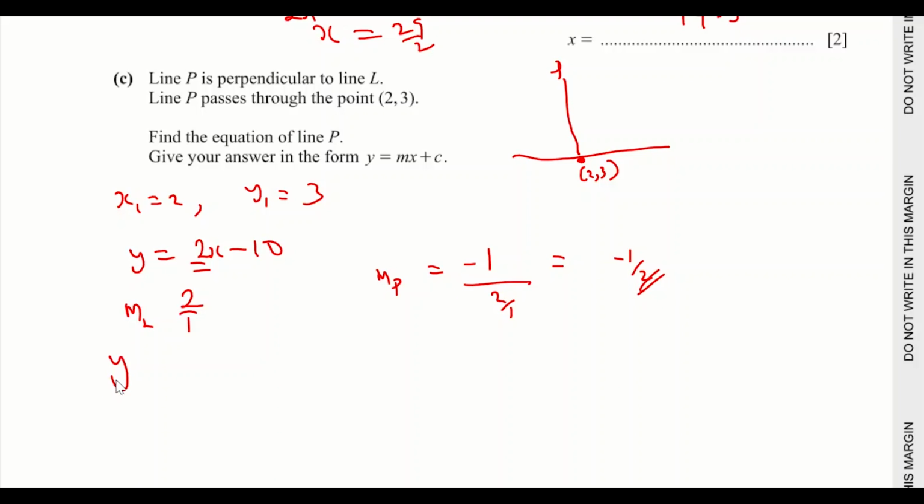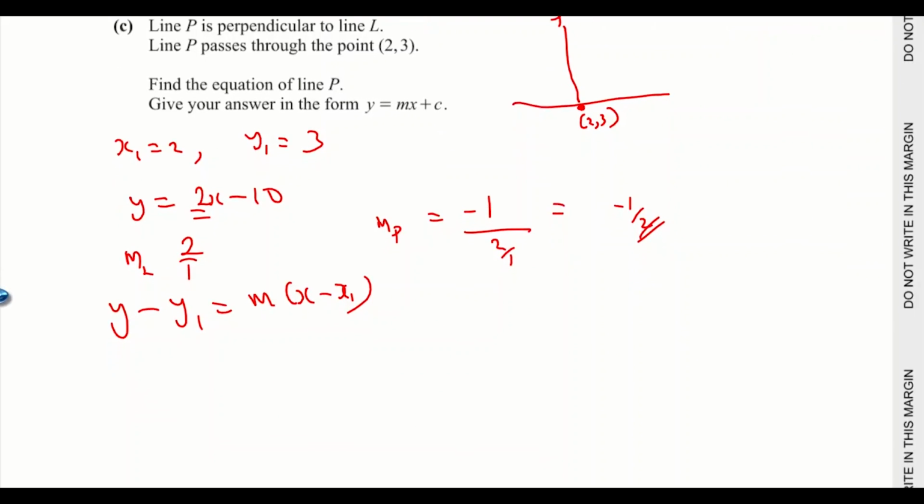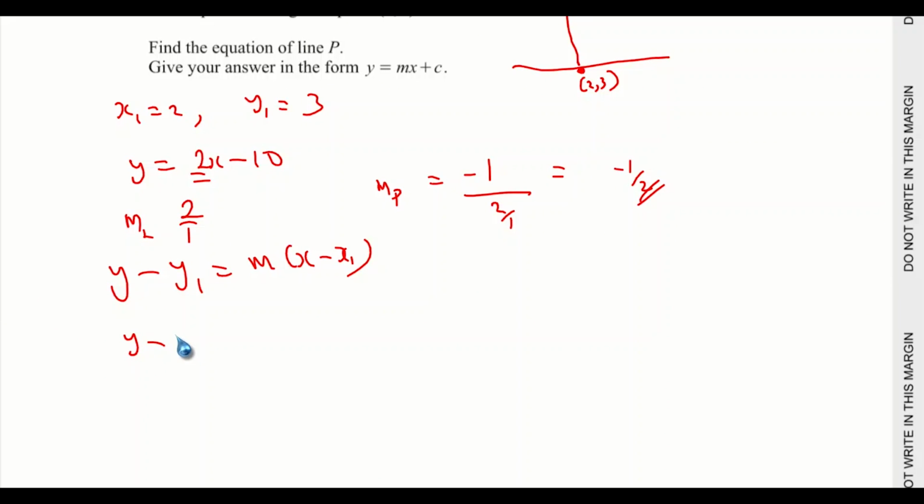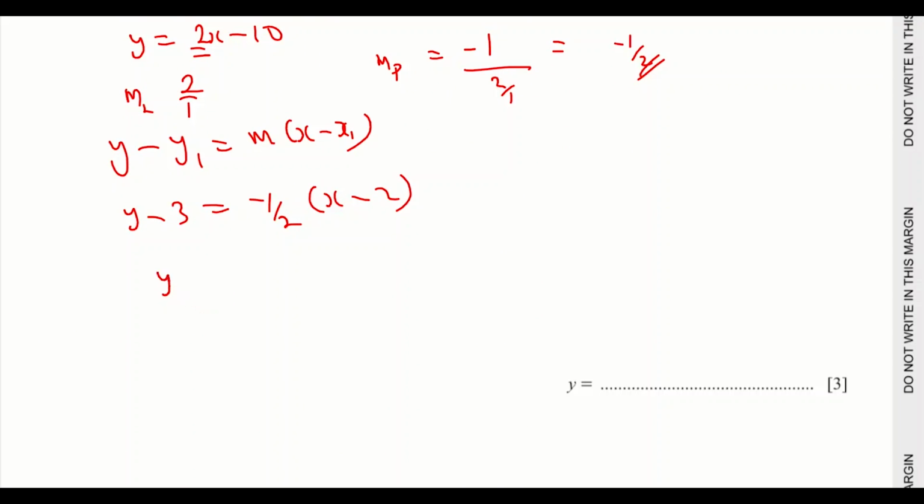So using the general equation of a straight line that passes through a point, y minus y1 equals m into x minus x1. If we key in the values, we have y minus 3 equals the gradient, -1 over 2, into x minus 2. We need to simplify this. We have y minus 3 equals -1 over 2x, then plus 1.